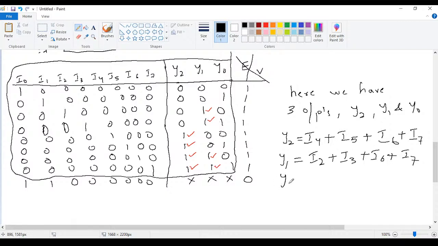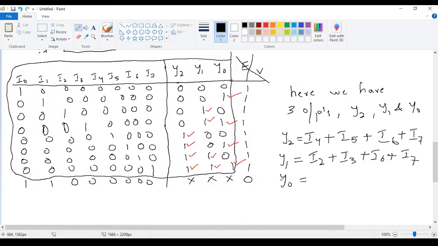And for y0, we can write y0 equal to 1 when I1 equal to 1, or where it is I3 equal to 1, and where it is I5 equal to 1 and I7 equal to 1.